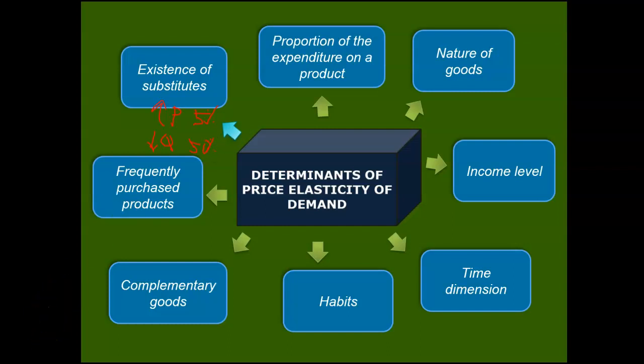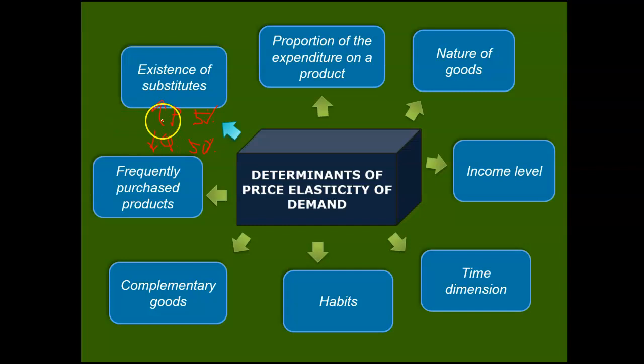Okay, contohnya, harga toothpaste of Colgate increased by 5%, and then the quantity demanded of the Colgate will reduce by 50%. Kenapa? Because kita ada banyak lagi jenama toothpaste yang orang boleh switch, orang boleh substitute.